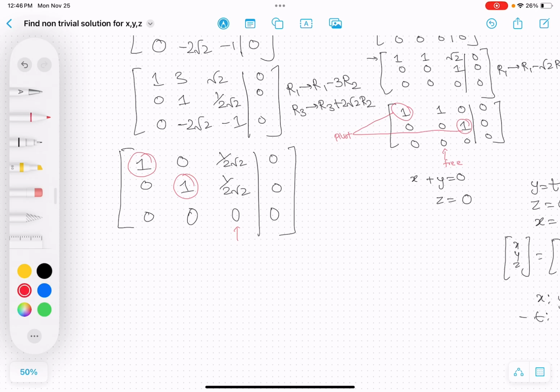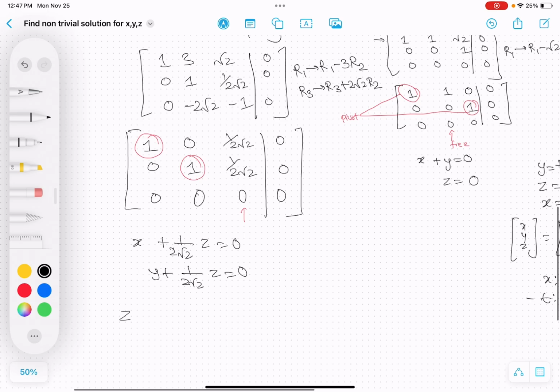So now I can write it as x plus 1 by 2 root 2 z is equal to 0, y plus 1 by 2 root 2 z is equal to 0. Okay, now the notion of the pivot and free variables tells us that I should be assuming z as the free variable t, and then x would just be minus 1 by 2 root 2 t, and y would just be minus 1 by 2 root 2 t, right?